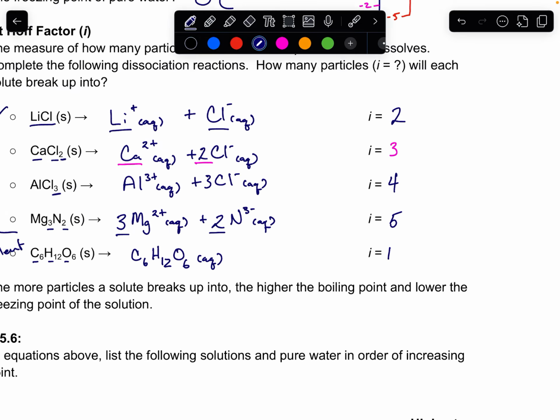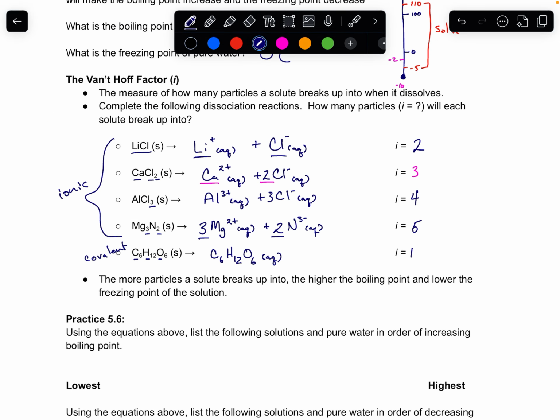So there's only one particle here. So my Van 't Hoff factor, my I, is just 1. Okay, so ionic substances break up into their component ions. Right? Covalent do not break up. Right? They just dissolve. They go from solid to aqueous.